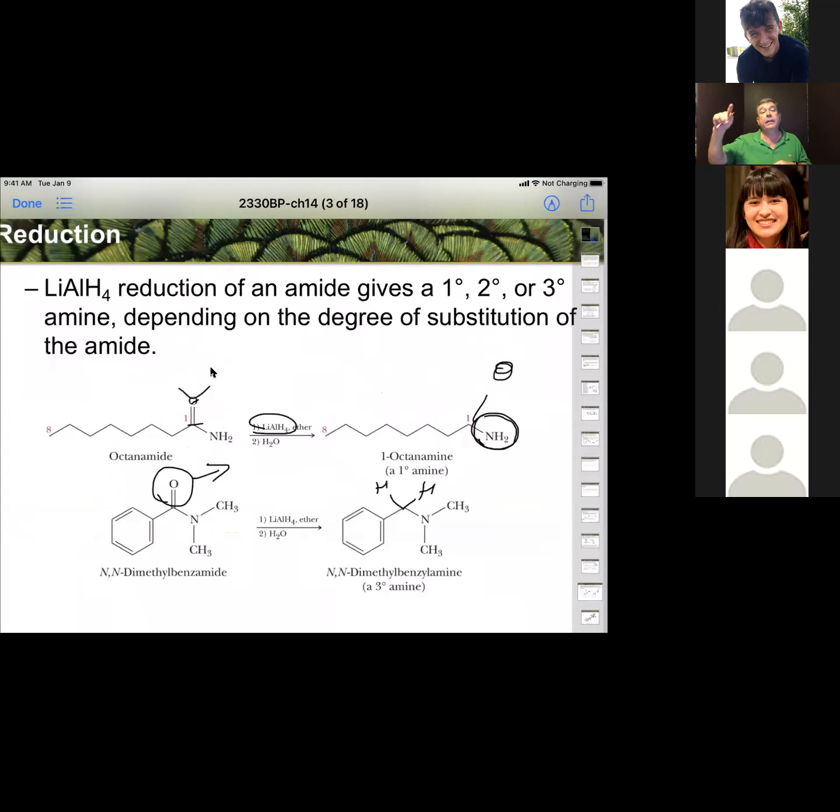We react again and again until you end up with a mixture of primary, secondary, tertiary, or quaternary. So notice we end up with whatever type of amine, whatever type of amide we started with. If we started with a primary amide, we get a primary amine. We started with a secondary. So it's a very clean way of getting to the exact primary, secondary, or tertiary amine that you want.